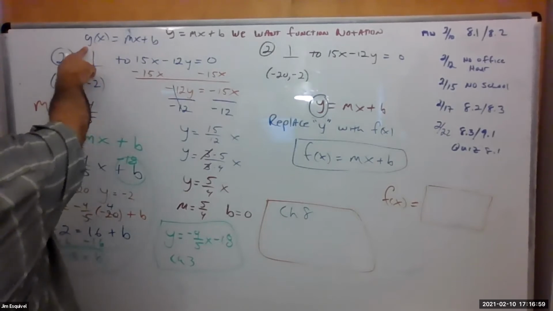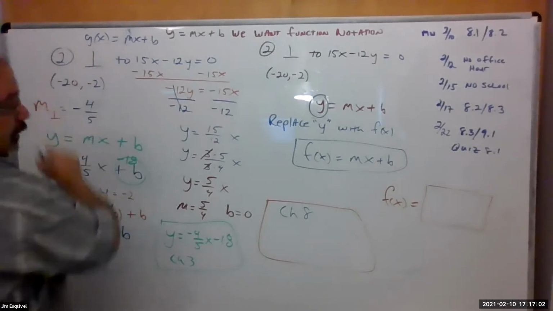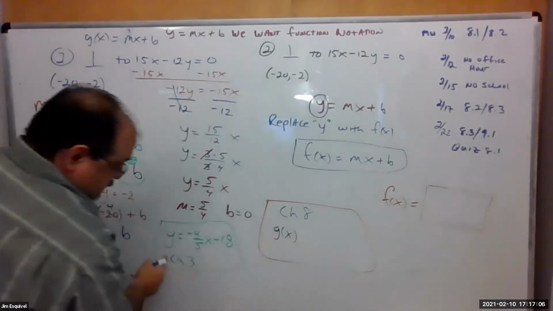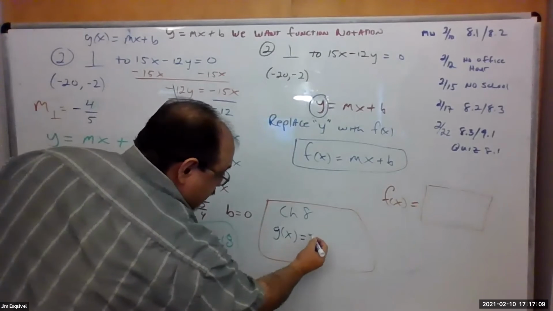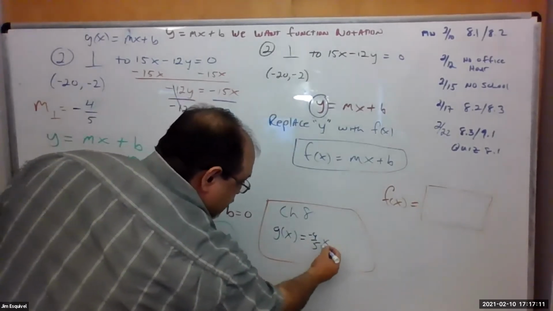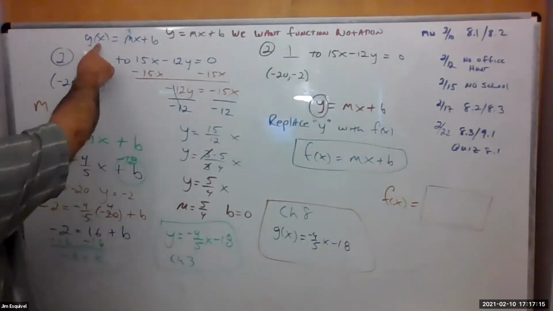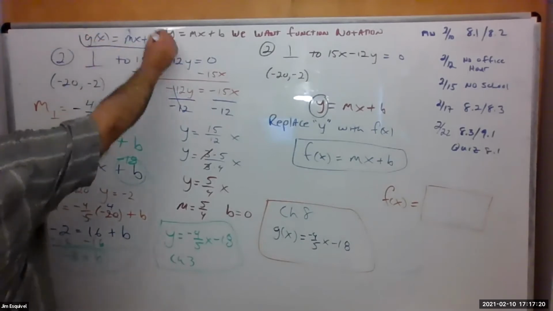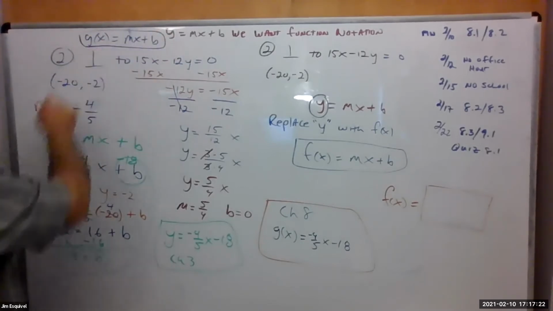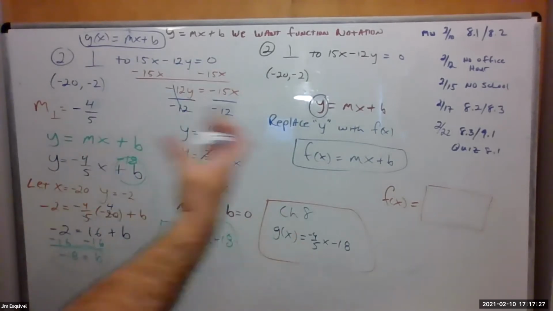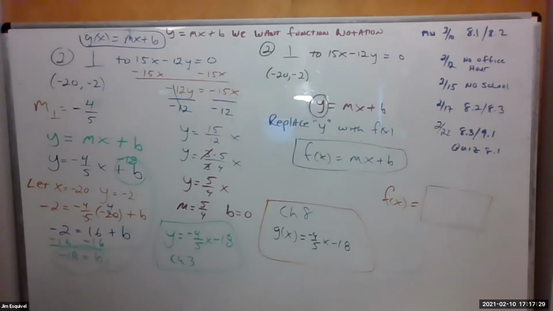I could say f of x or g of x or h of x. So if I say g of x up here, when you write your final answer down here, I would just use g of x equals -4/5 x minus 18. So you got to make sure you read the directions specifically, because in the directions, it'll tell you what function to call it. Do I call it g, or h, or f, whatever it is. The directions will tell you.